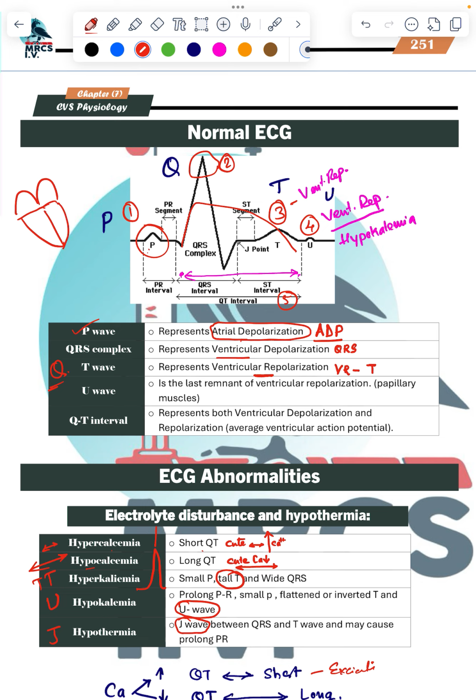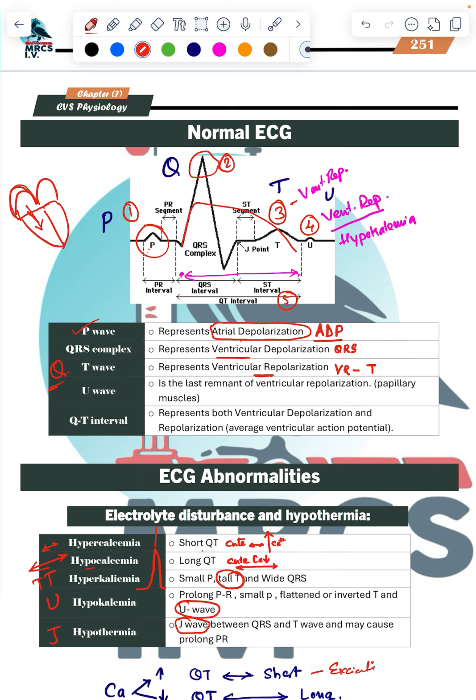Both the atria are contracting and this is causing the P wave. If the blood is going from the atria to the right ventricle and there is some stenosis in this, the atria will be enlarged.